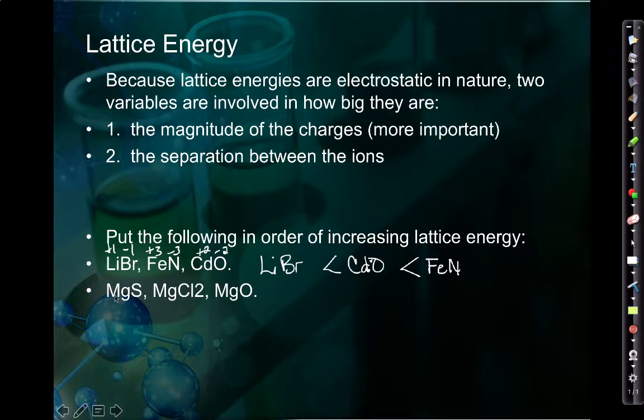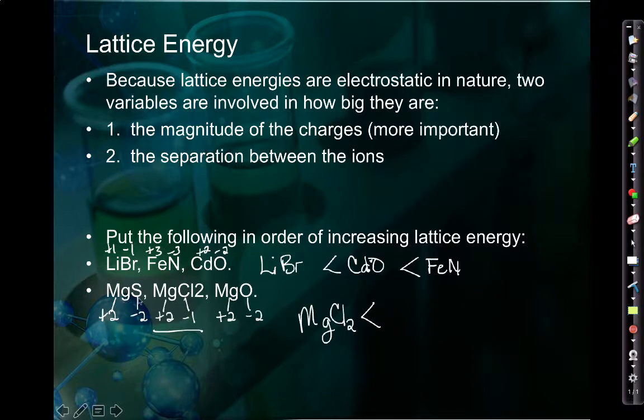All right, so let's look at these now. Let's look at the magnitude of the charge first: +2, -2, +2, this one's -1, and then +2, -2. Well, right away I can see this one differs in the charge, and the chloride has a smaller magnitude of charge. So that means that one should be the smallest. Now we're going to look at the size.